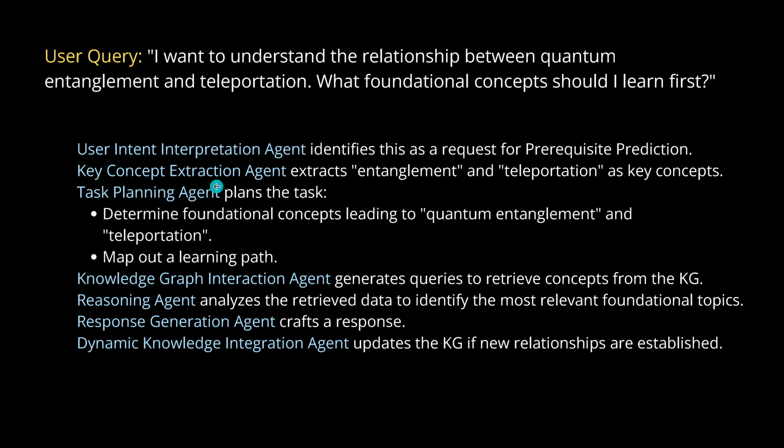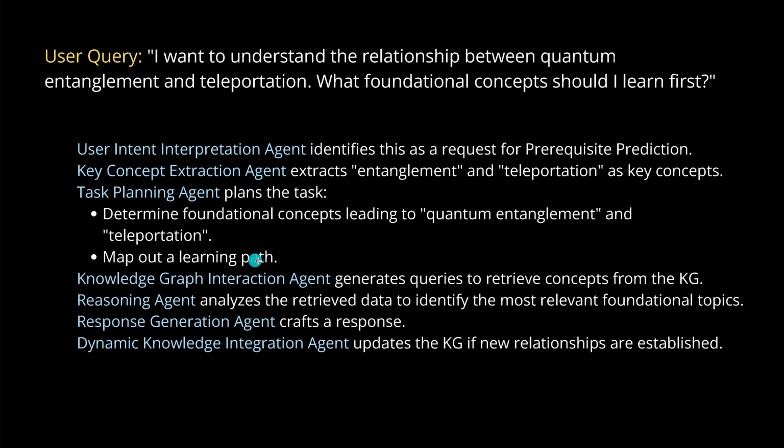The key concepts extraction agent says, okay, I extract here the objects entanglement, teleportation as key concepts. The planning agent has now to determine the foundational concepts leading to or in the environment of quantum entanglement and teleportation and map out a learning path to answer the query.